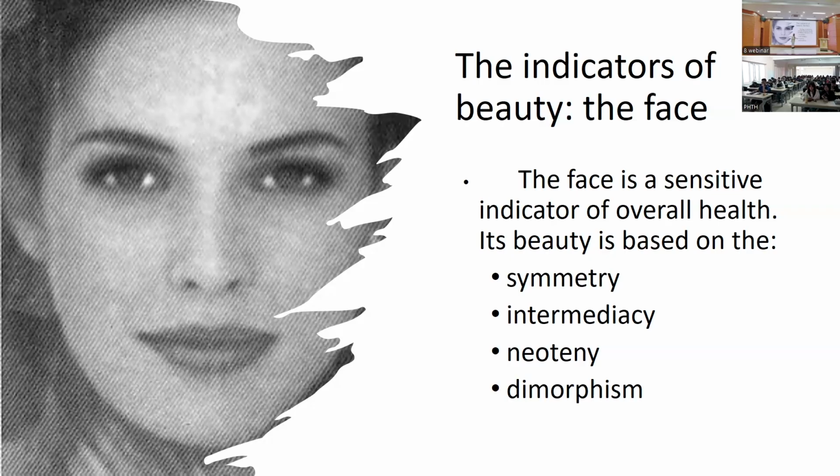We already discussed the neoteny, as well as the dimorphism. Dimorphism, again, is the difference between the male and female face. So usually males don't like to match the female face with a big mustache, because this is a dimorphic character.